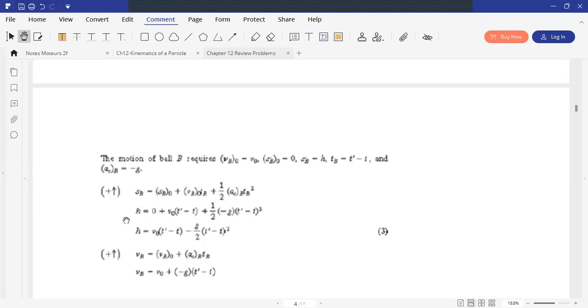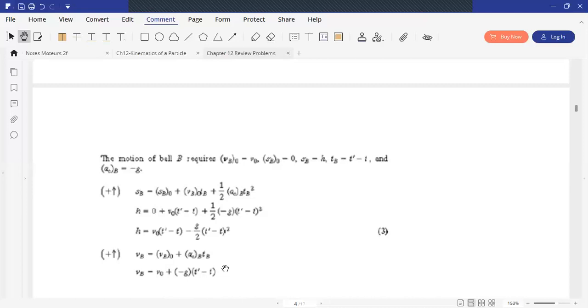And when the two particles A and B meet each other, H will be equal to V0 times (T prime minus T) minus G over 2 times (T prime minus T) squared. Now I put that SA equals SB, and I can find a relation between T prime and T. Okay, so that's it. And for the velocity, also for the time, I should pay attention to put V0 minus G times (T prime minus T).